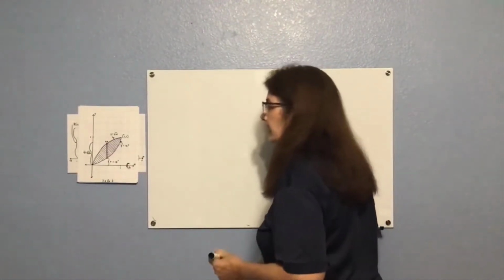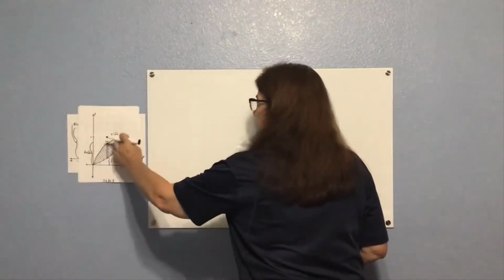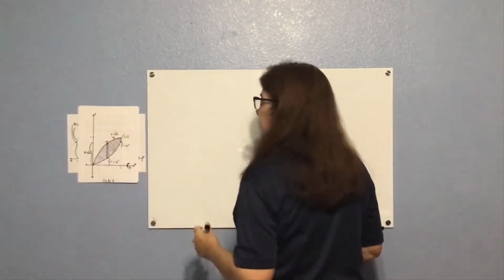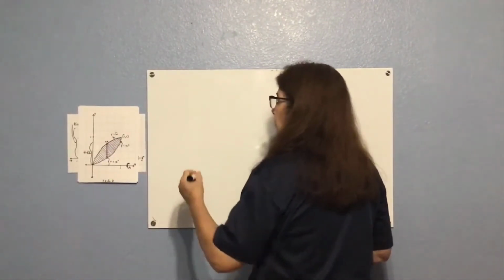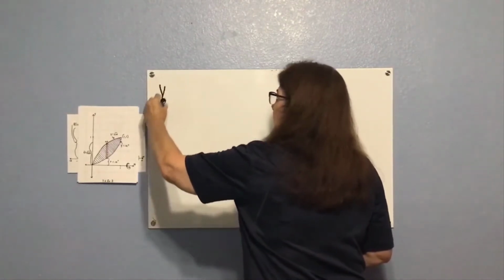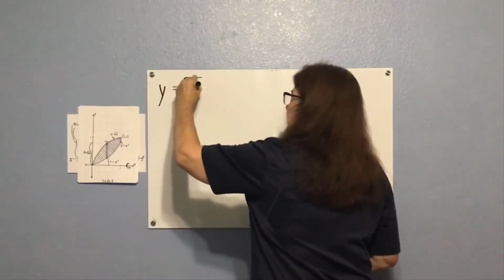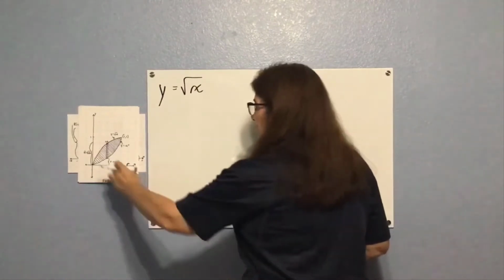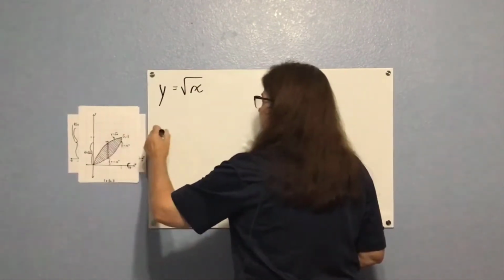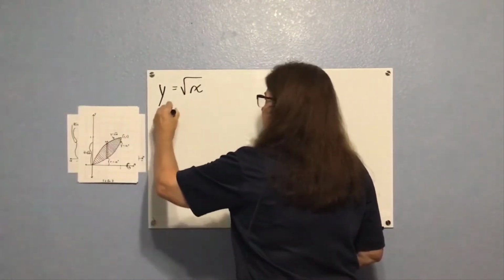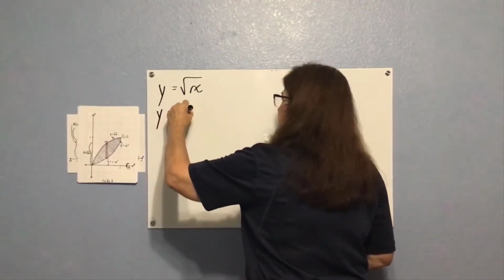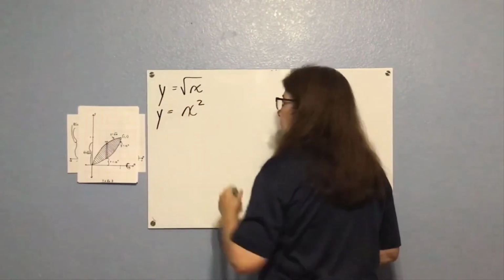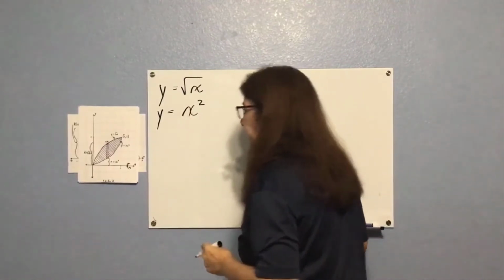So we'll start with this curve, which is going to form the outside of our solid of rotation, y equals the square root of x. And then this other curve is going to form the inside, the part that we're going to subtract, y equals x squared.